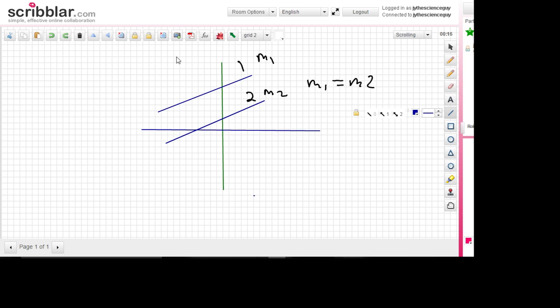I'm going to try to draw this as best as I can. There we go. And let me change the color of it. How's that green line different than that blue line? It intersects.